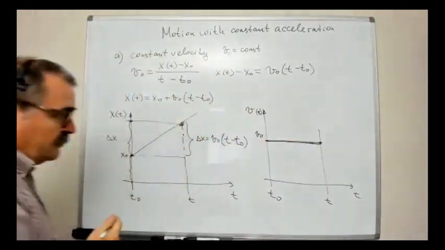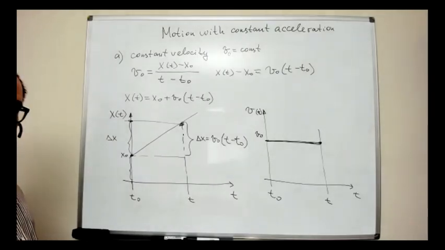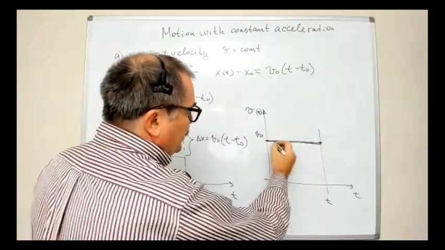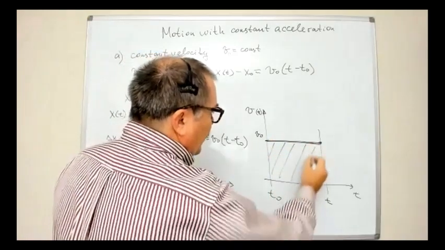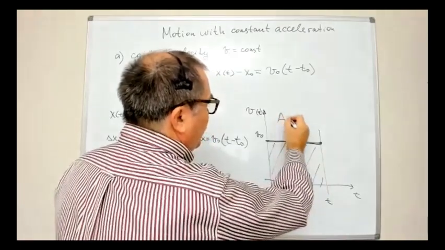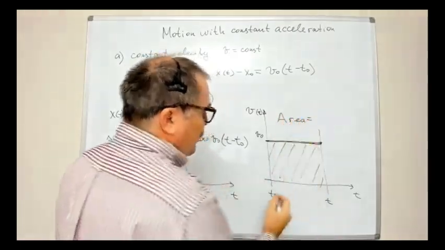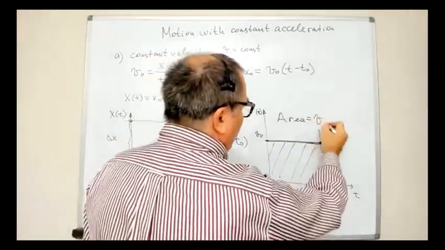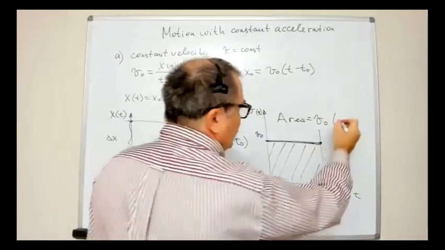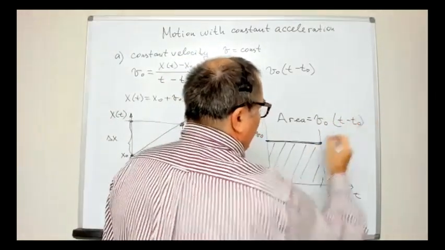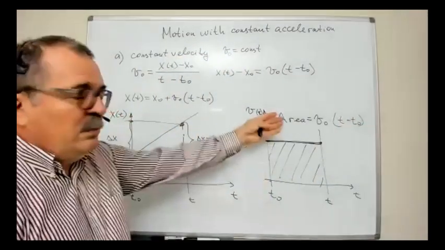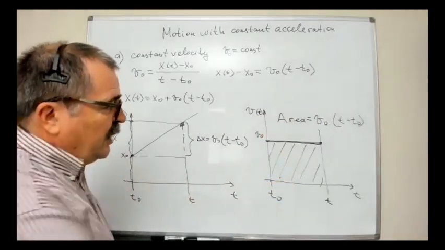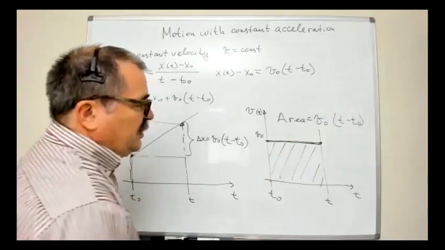Now let's find on this plot the area under the curve v equal to v0. This area is this shaded area. It equals the height, which is v0, times the base, which is t minus t0. That's just a simple outcome from this plot. So the area under this curve is v0 times (t minus t0).